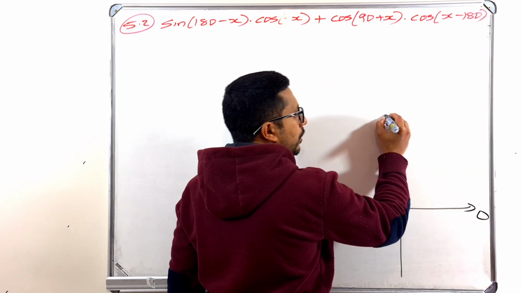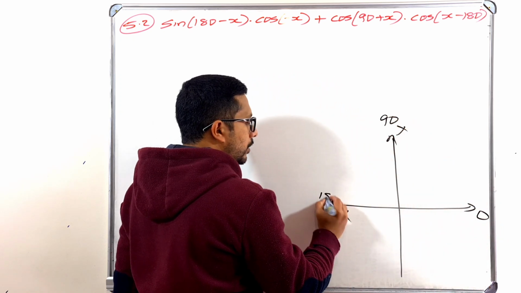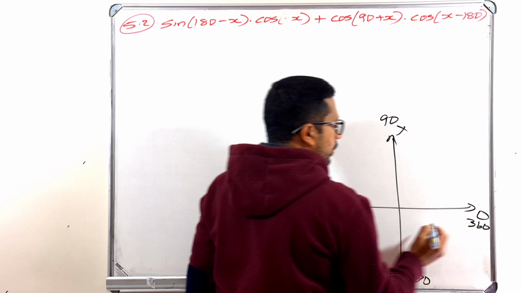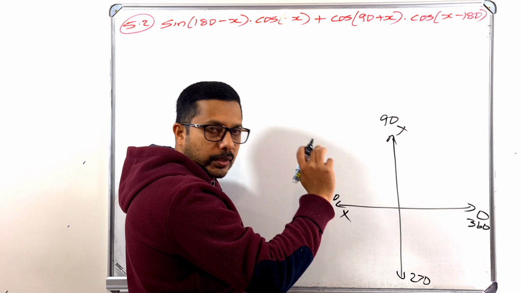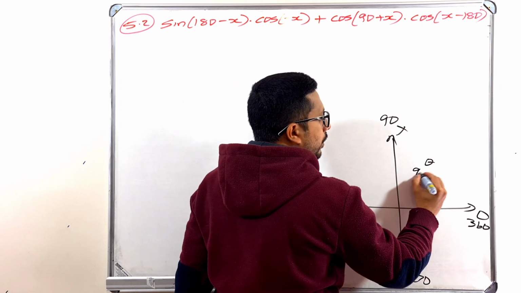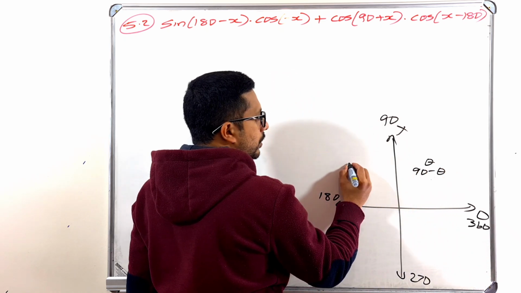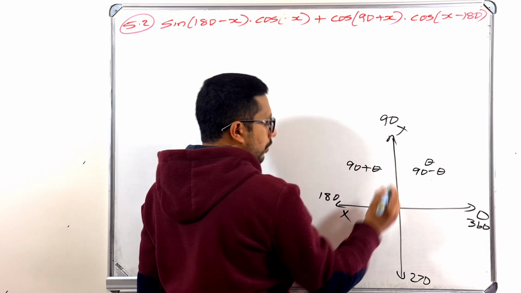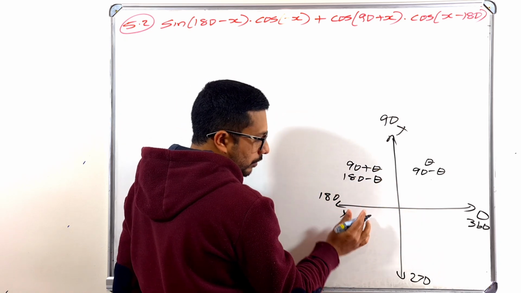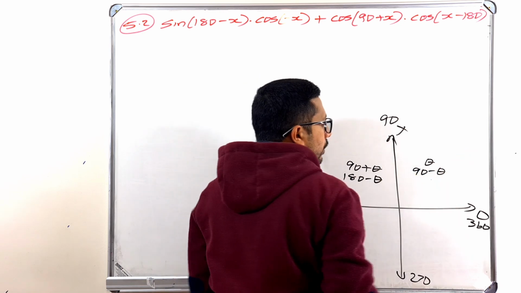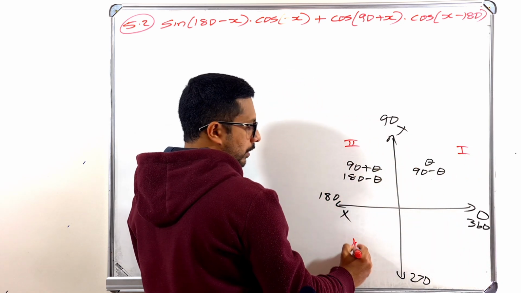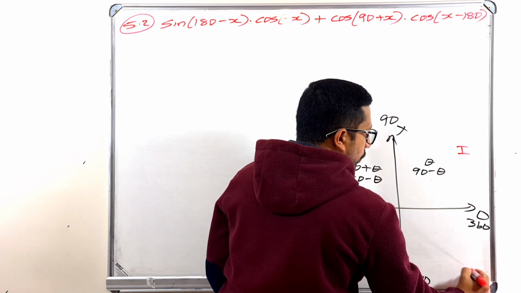This is 0, 90, 180, 270, then this is 360. Again it is rotation, do you remember that? Then this is theta, an acute angle. How can you write this one? 90 minus theta, or this one is 90 plus theta, or from this side 180 minus theta. This is the first quadrant, second quadrant, third quadrant and fourth quadrant.